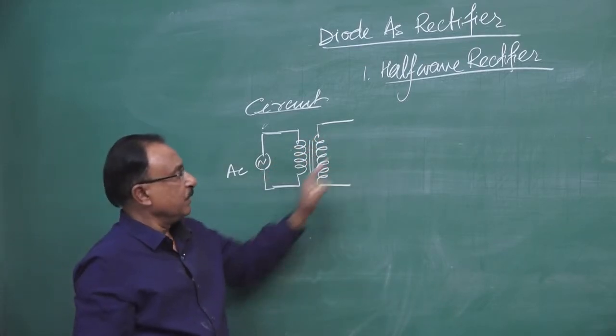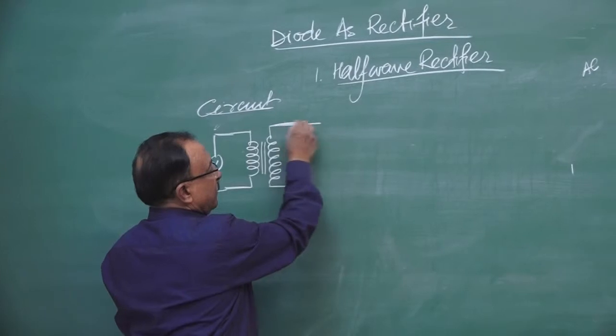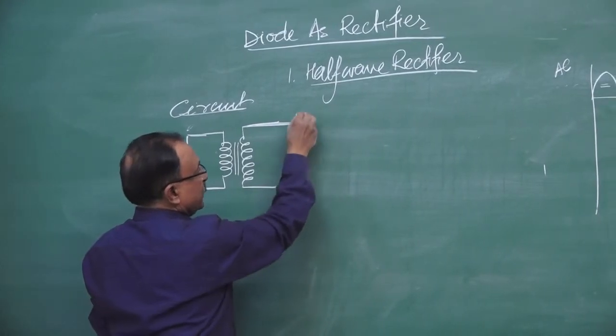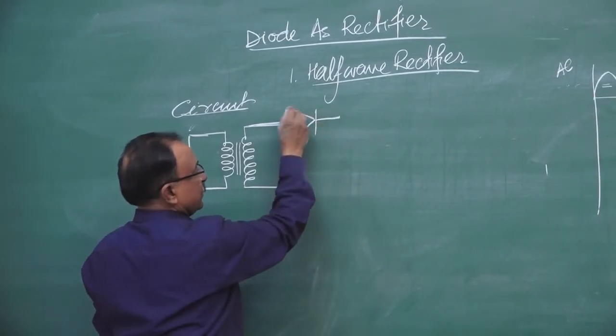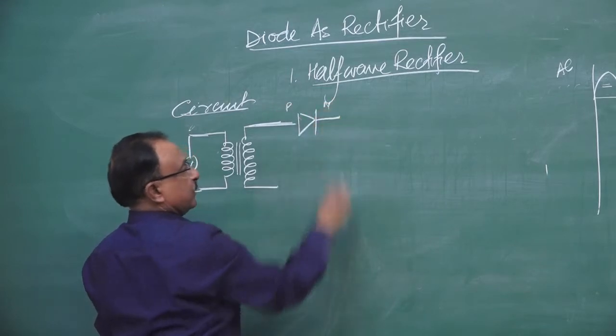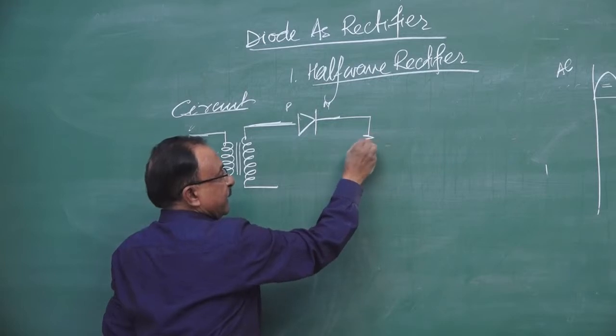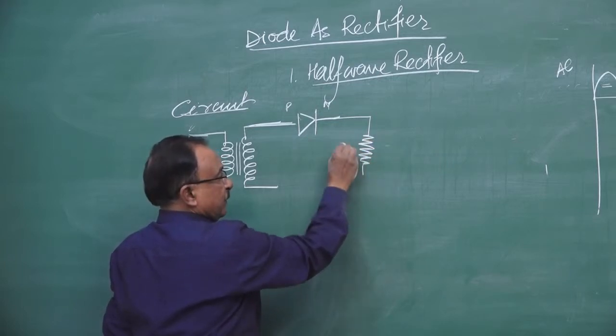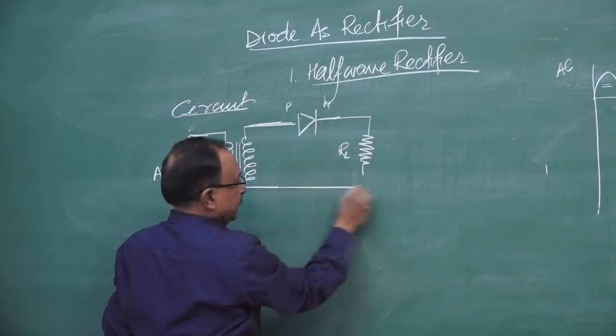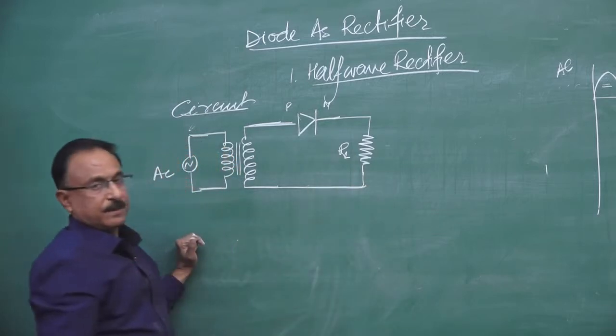To the secondary, one arm of the secondary coil is connected to the PN junction diode. The diode is connected in series with a resistance we call the load resistance, and then to the other terminal.